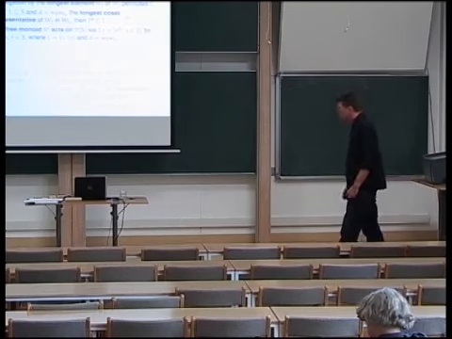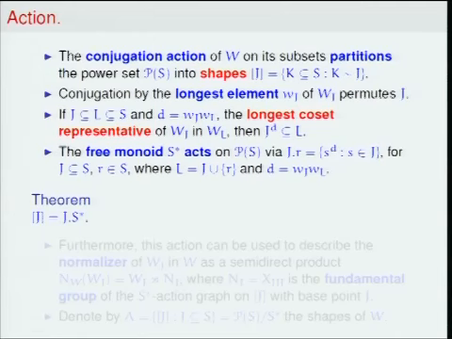It's a theorem that these little steps suffice to generate the entire shape of J as an orbit under this action. In other words, whenever two subsets of S are conjugate, then this conjugation can be performed via a sequence of such steps, via a sequence of conjugations with longest coset representatives.